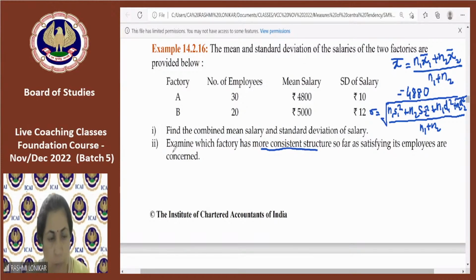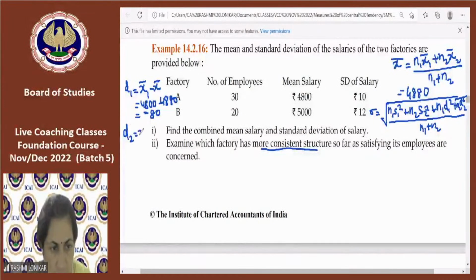So now I have to find D1, D2. D1 I know is X1 bar minus X bar, which is equal to 4800 minus 4880, which is equal to minus 80. D2 is how much? X2 bar minus X bar. This is 5000 minus 4880.